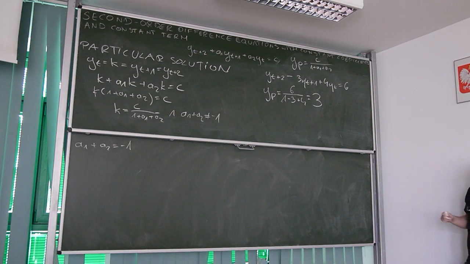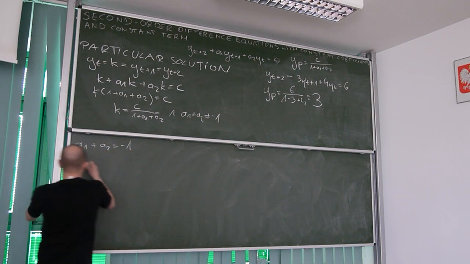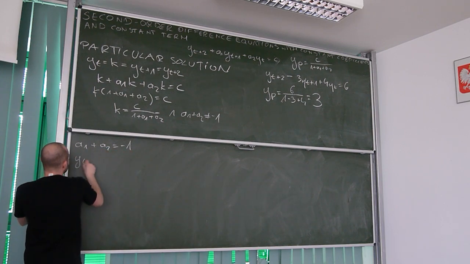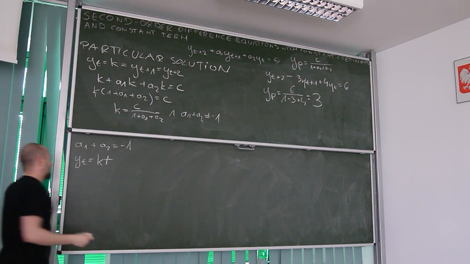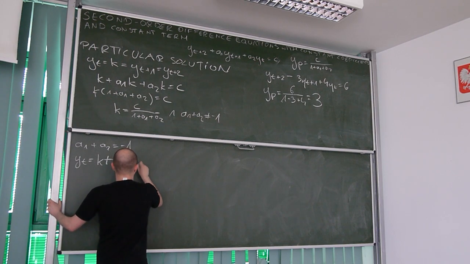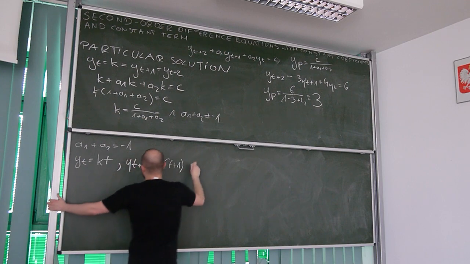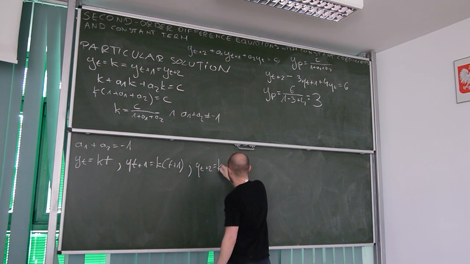So, what should we try? Well, of course, the second easiest solution we can try is a linear solution. But in this case, y_t = kt, y_{t+1} = k(t+1), and y_{t+2} = k(t+2).